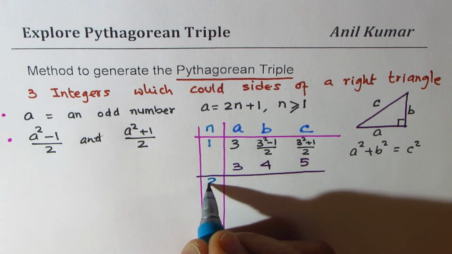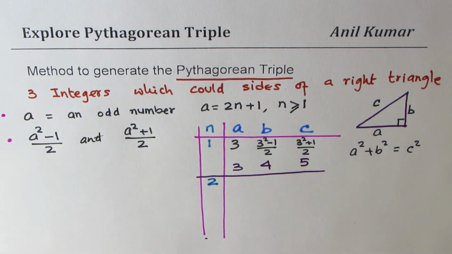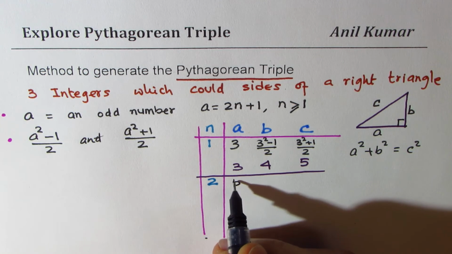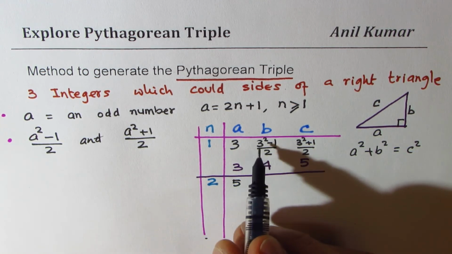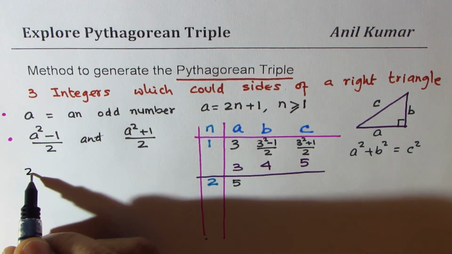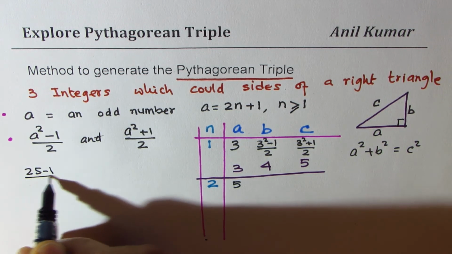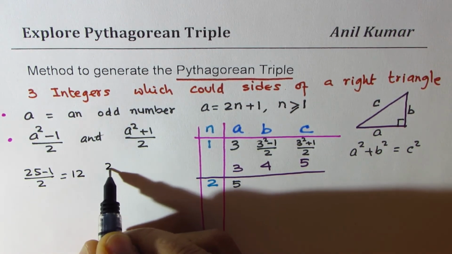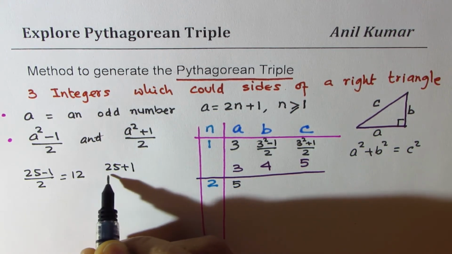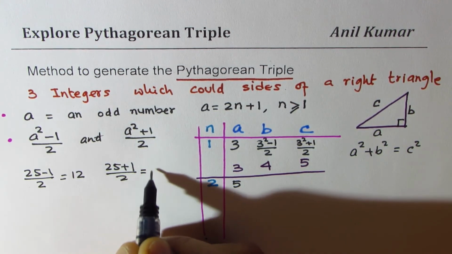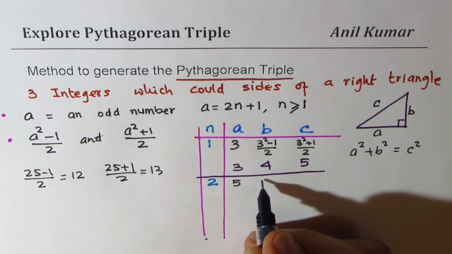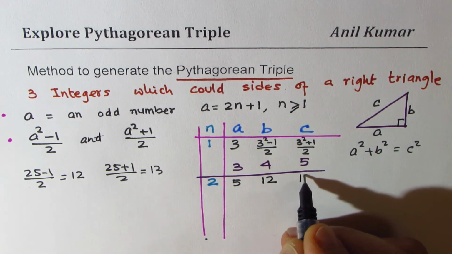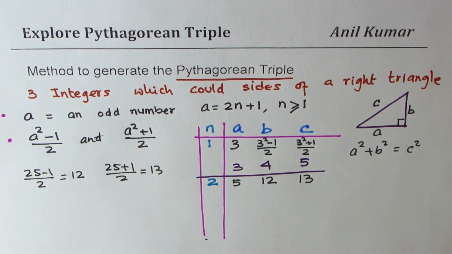For n equal to 2, the value of A will be 5, correct? What is 5 squared minus 1? 25 minus 1, divided by 2, is 12, and 25 plus 1, which is 26, divided by 2 is 13. So the other two numbers are 12 and 13. Do you see that?